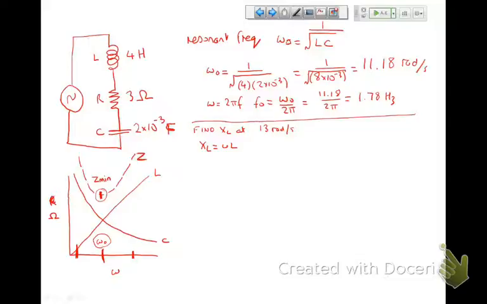I remember that my inductor gives me a straight line. So this is going to equal omega, which in this case is 13, I defined that, times L, and L in this case is 4, which equals 52. What's the units? Ohms.